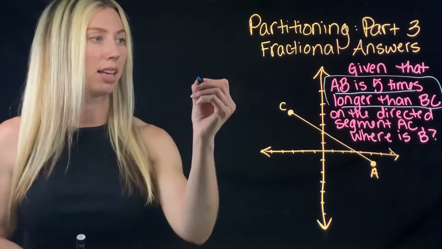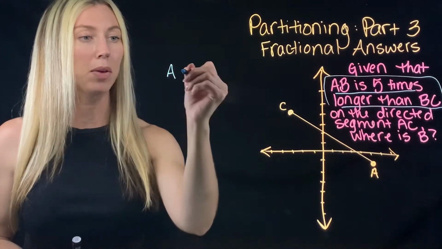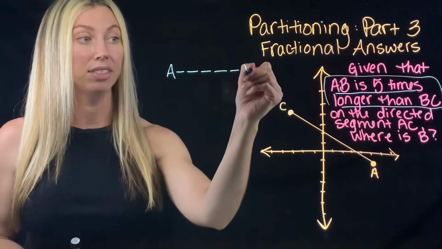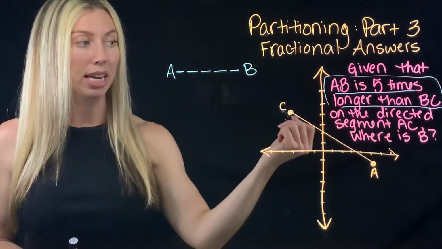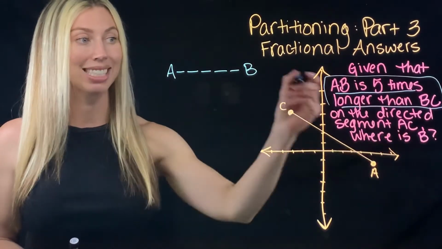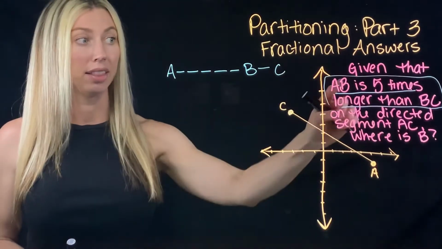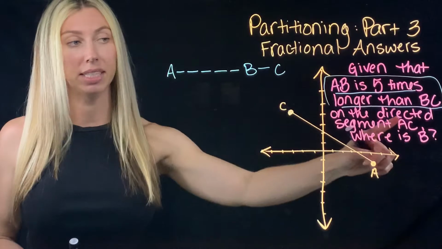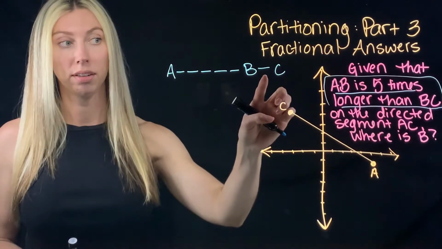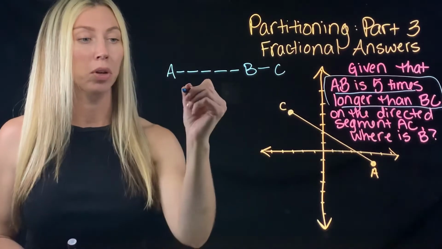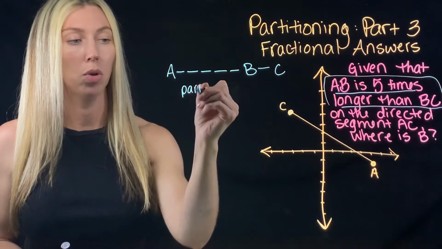So in this case, from A to B, we'll have 1, 2, 3, 4, 5 dashes, and then the remaining part for the whole segment AC will be 1 dash. And so you can tell that AB is 5 times longer than BC, because BC is just 1, and AB is 5.